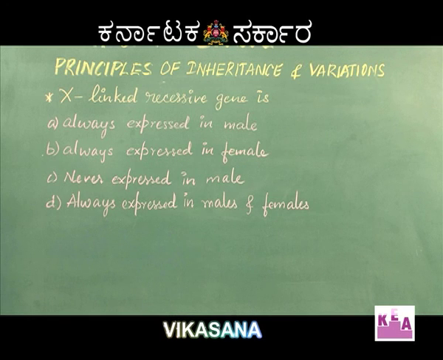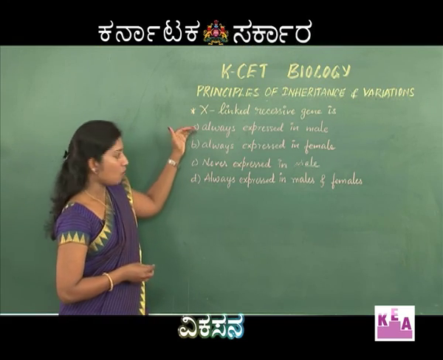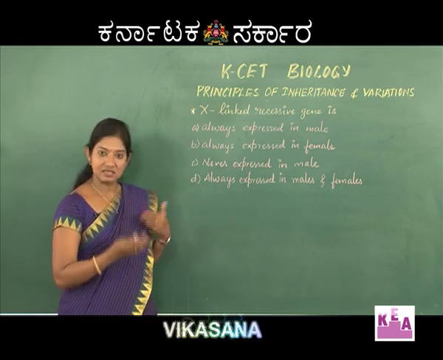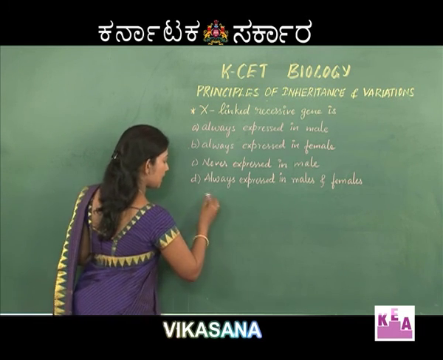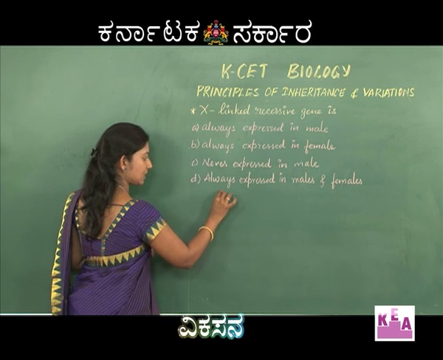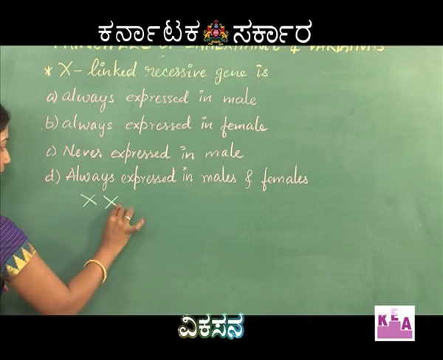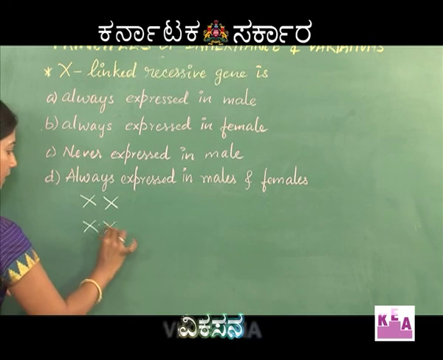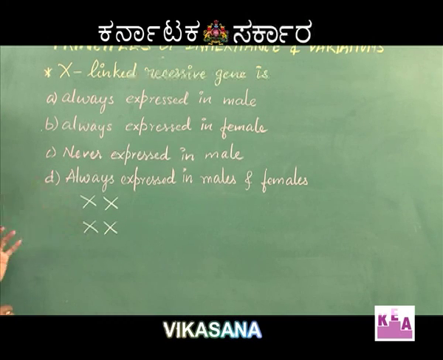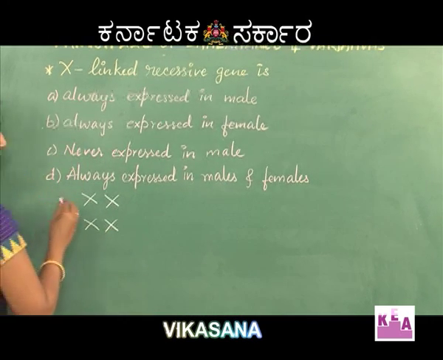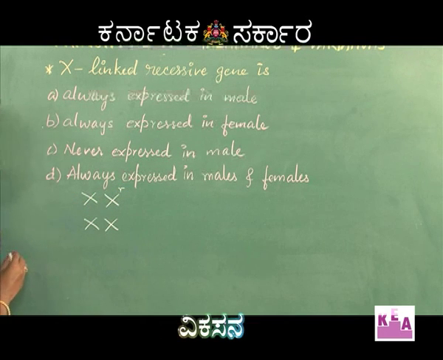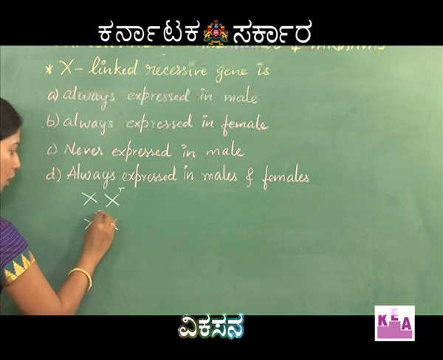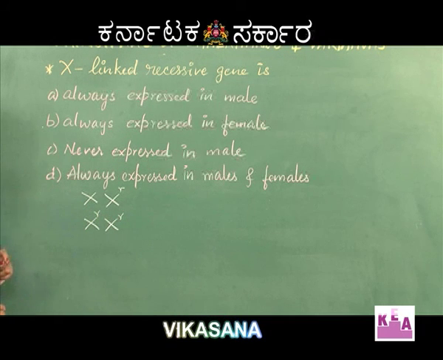First option, always expressed in male. Now let us see what are the different chances that can occur when we consider X and Y chromosomes. In case of female, this is the condition XX. Here the recessive gene can be present only on one X chromosome, or it can be present on both the X chromosomes.